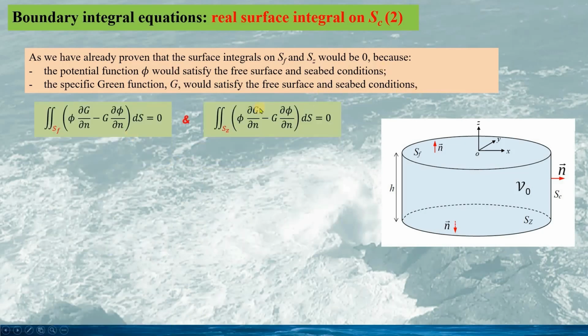By applying all these boundary conditions, we can obtain the surface integral on SF and on SZ would both be 0, expressed as this. If you would like to see the proof, please see my talk on Green's theorem and the function. Therefore, the surface integrals on the free surface and on the seabed SZ would disappear.